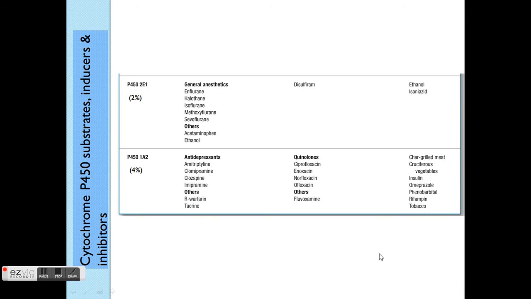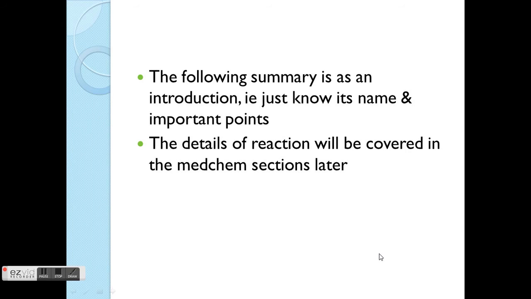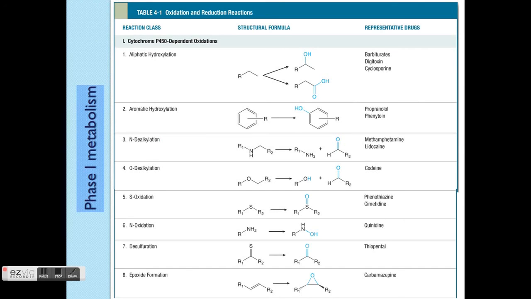The following examples give more details on the chemistry of how the reaction works. Remember, it's mainly an oxidation reaction for phase 1. However, the purpose of this class is mainly to know the names and some important points, because you'll cover more details in MedChem. Hopefully these charts will help you in your revision as well.